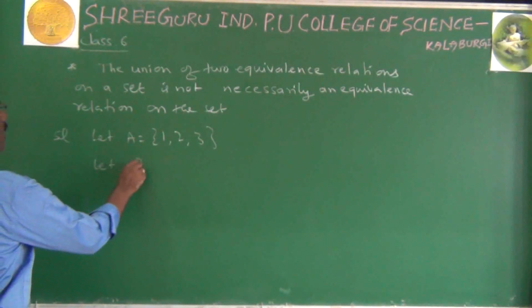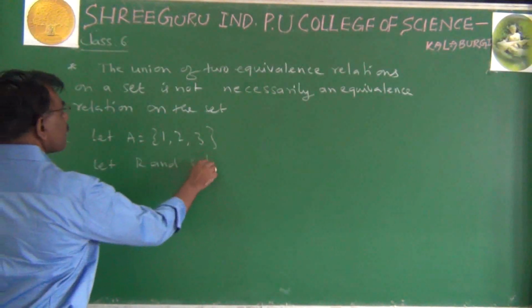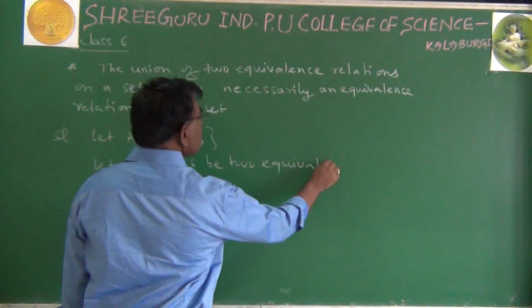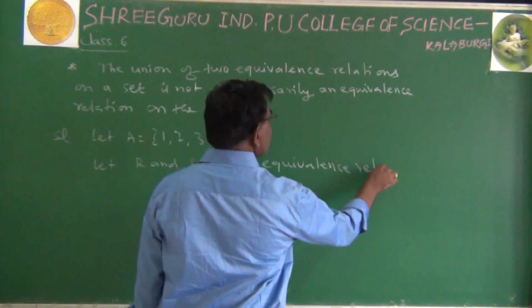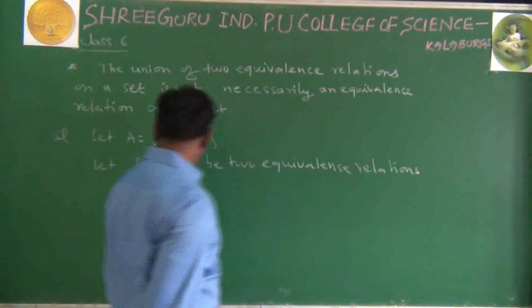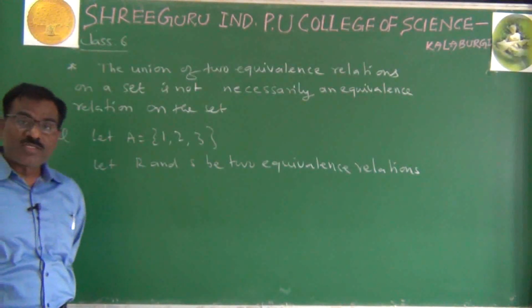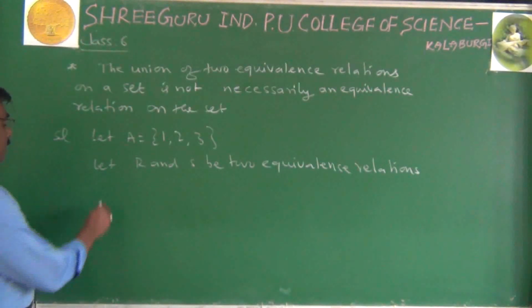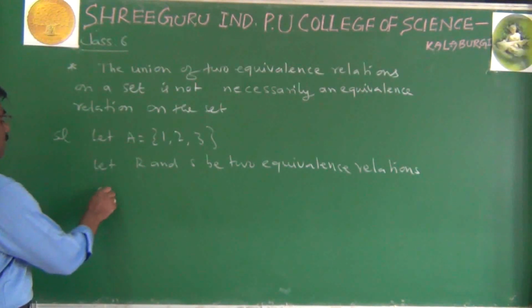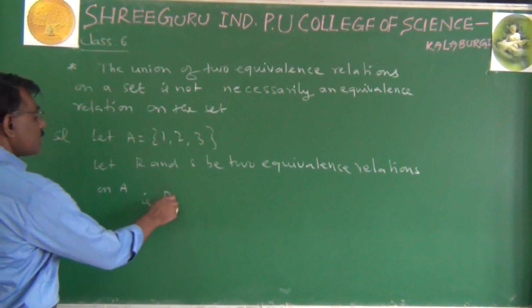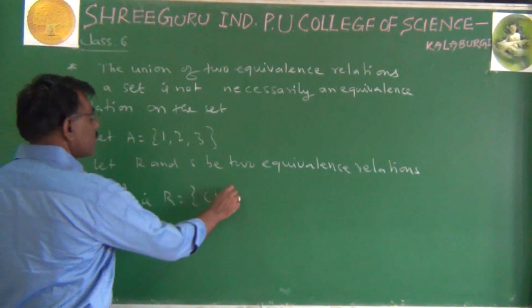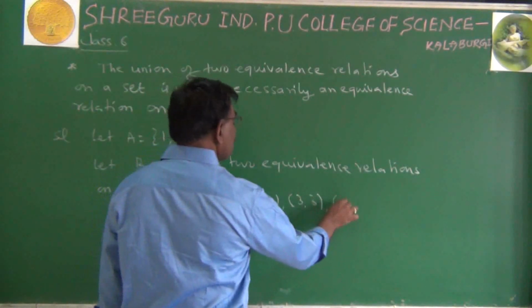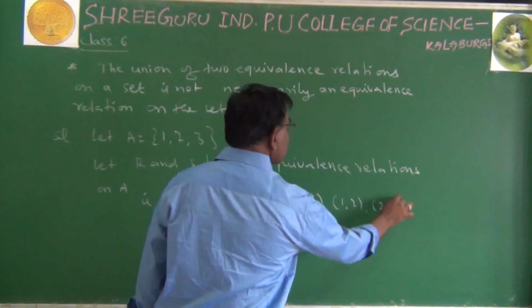Let R and S be two equivalence relations on A. Let R equal {(1,1), (2,2), (3,3), (1,2), (2,1)}.